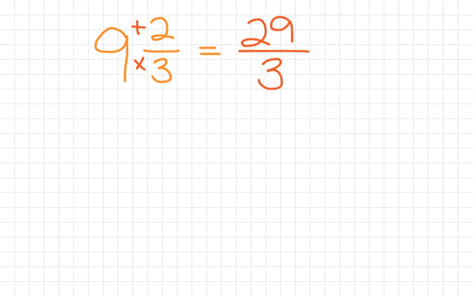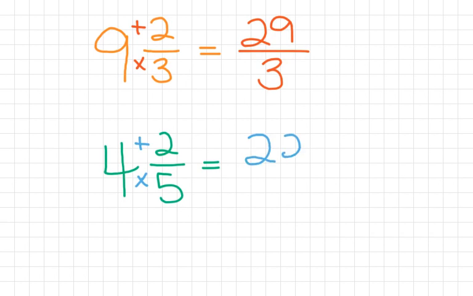And let's do one final one, 4 2/5. So once again, denominator 5 times 4 is 20, plus 2 is 22, and so we end up with 22/5.